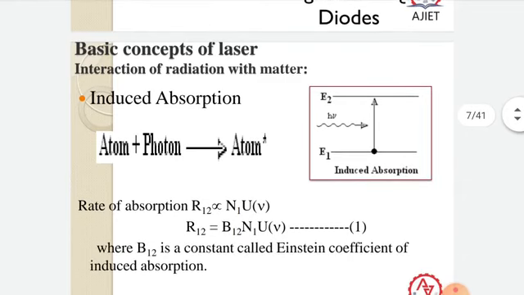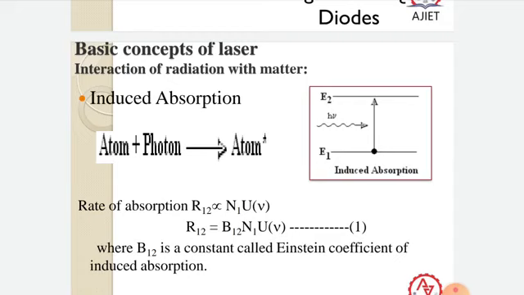So now coming to the principle and production of laser. The basic principle of the laser is the interaction of radiation with matter. Radiation interacts with matter under appropriate conditions. The interaction leads to an abrupt transition of the quantum system, such as an atom or a molecule, from one energy state to another.